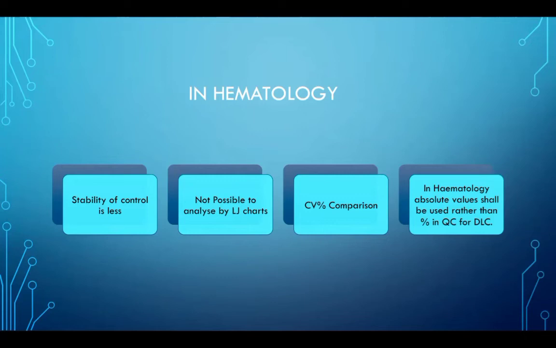The better way is to see how much variation your machine is producing in identifying a type of cell. When you are using the same control material, whatever absolute value you are getting daily for neutrophils, lymphocytes, monocytes, see how much variation you are getting in that. Use absolute values in the calculation of percentage variation.